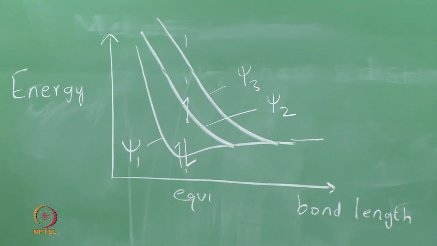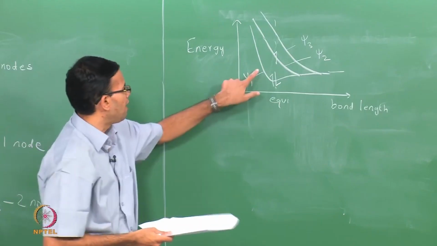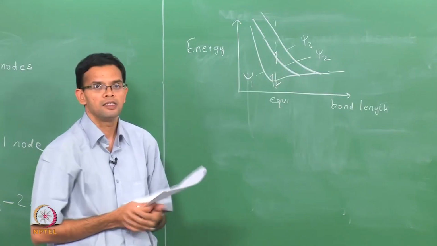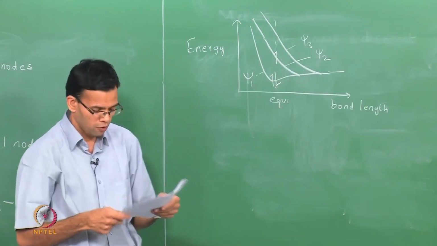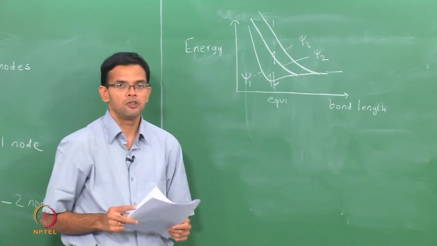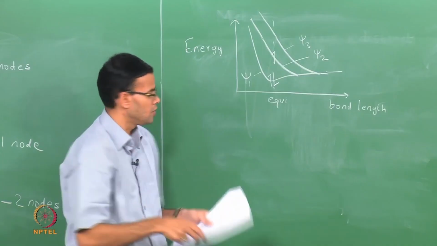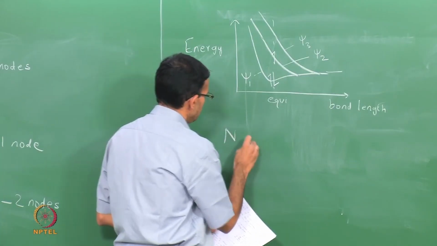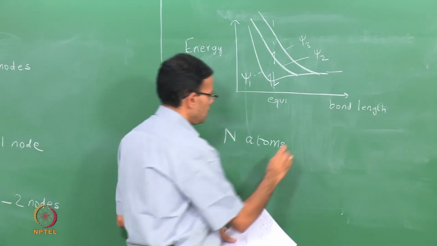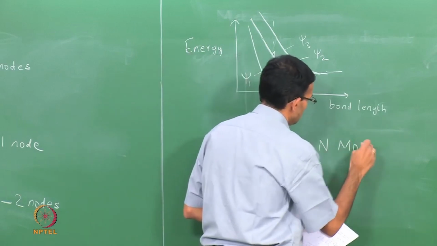Now, if you have 4 hydrogen atoms, you will have 4 molecular orbitals, you will have 4 lines here. If you have 5, you will have 5 lines here. So, thus as the number of atoms increases, you will have more lines on your energy versus bond length diagram. So, ultimately we can say if you have n atoms, could be n hydrogen atoms, then you will have n molecular orbitals.